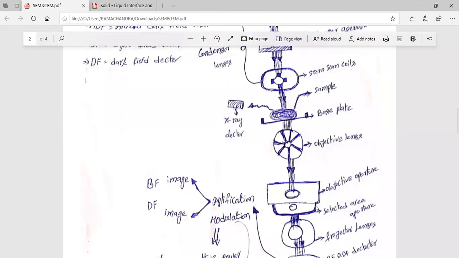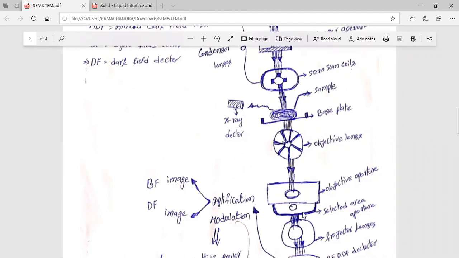If we want only a particular nanoparticle to be characterized, its image can be detected by selecting this selected area aperture. Other nanoparticles and other signals are eliminated or removed when the electrons reach the selected area aperture.